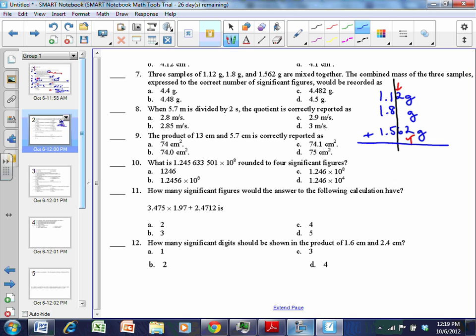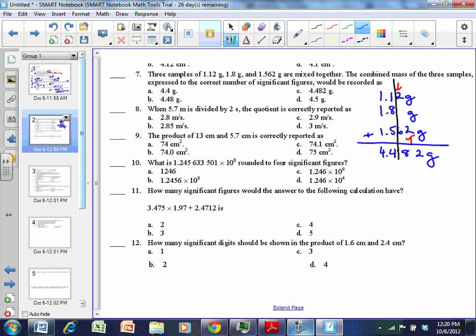So on my calculator, I get 1.12 plus 1.8 plus 1.562 equals, and I get 4.482 grams.